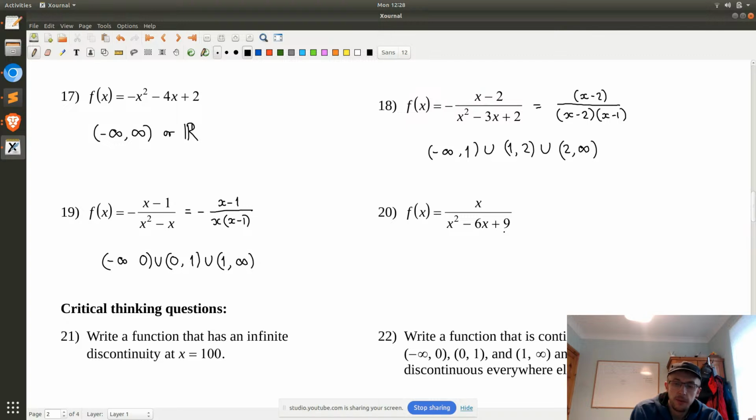So that's a repeated root. So it's undefined at x equals 3. I'm not sure. Can I sort of do this?